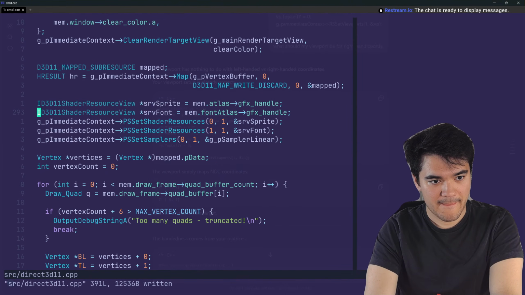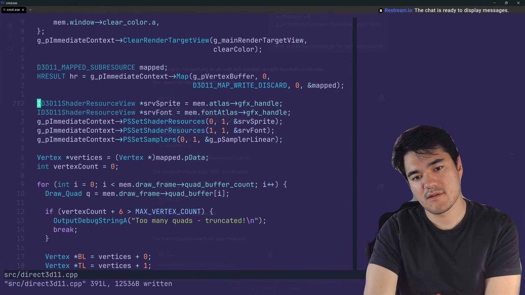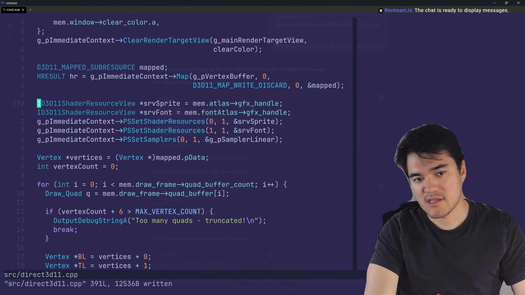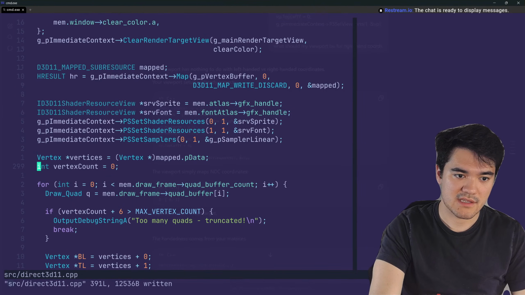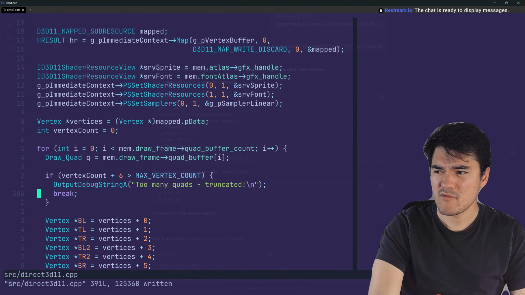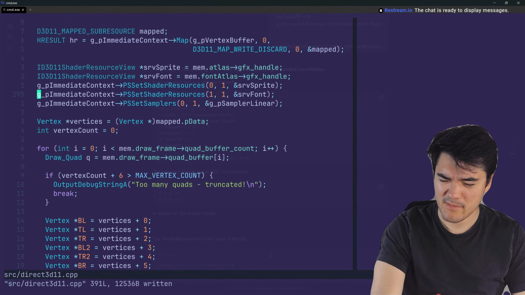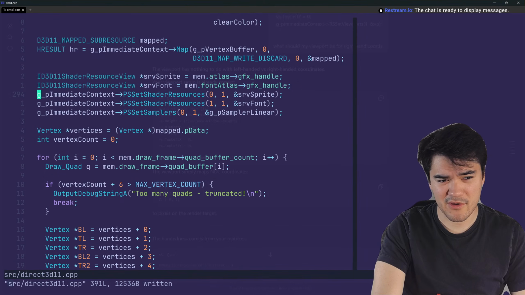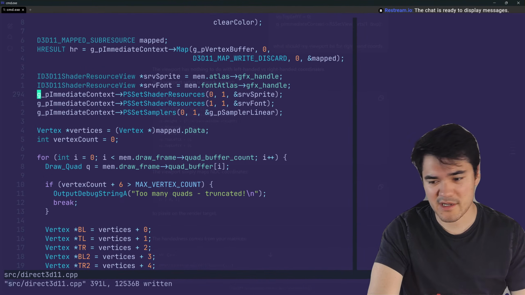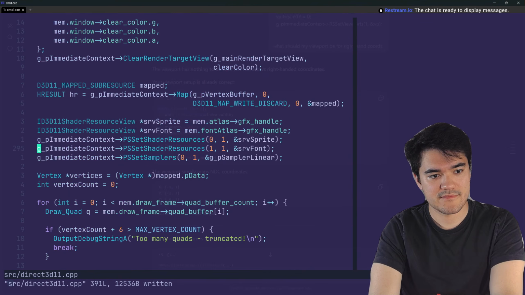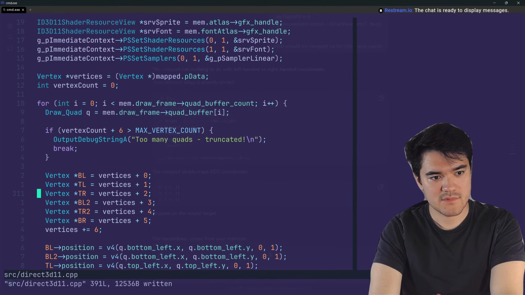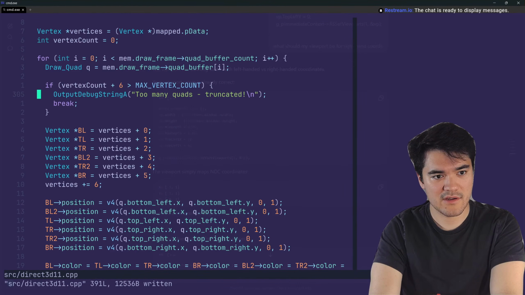We set these in the immediate context and the sampler. It's fine. We may be able to get away with really setting them once as SRVs, but I don't know, I don't really understand the immediate context. Oh well. Okay, and then we do some stuff here.